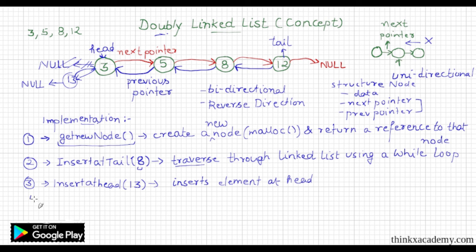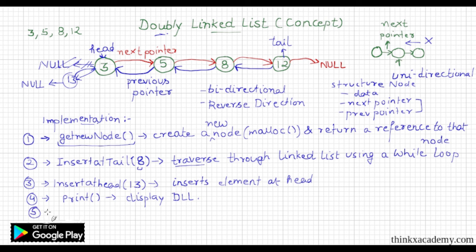So the fourth function that we are going to implement is the print function, and this function is used to display our linked list, display doubly linked list. So I'm going to write here in the short form DLL.